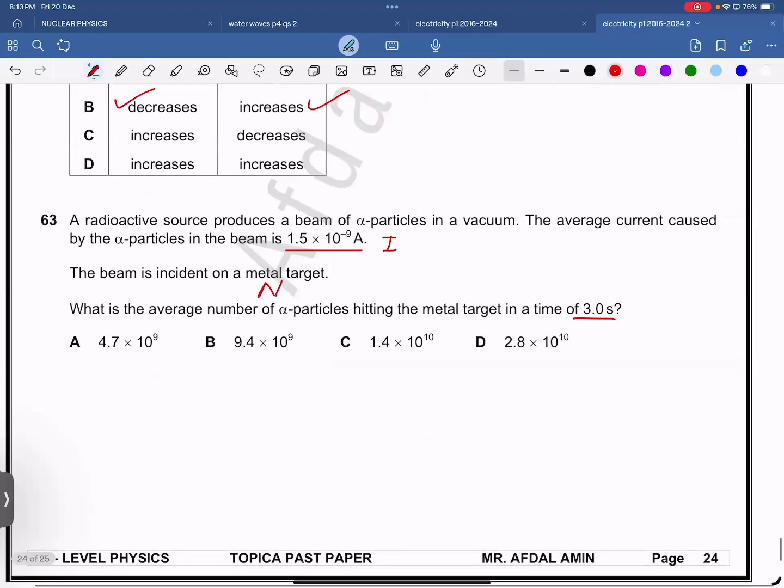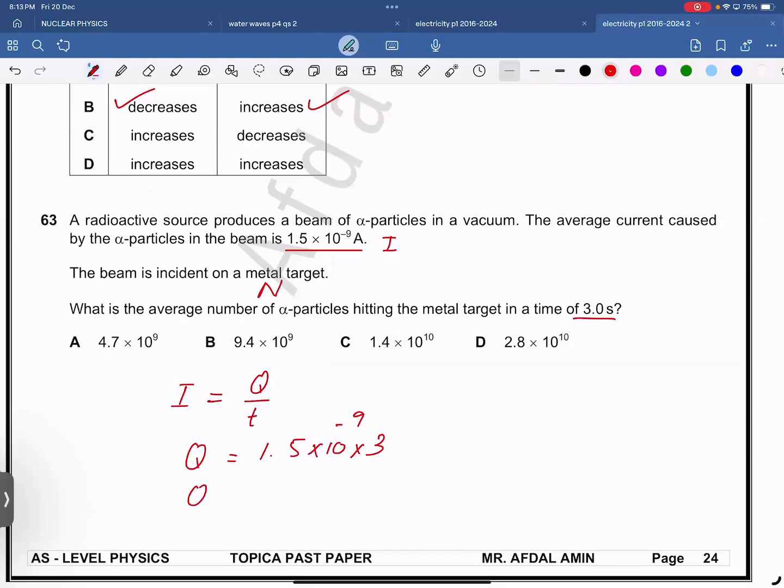Okay. So, my dear, you know I is equal to Q over T. So, charge will be 1.5 into 10 power minus 9 into 3. Charge is 4.5 into 10 power minus 9. Now, actually, there is a problem.